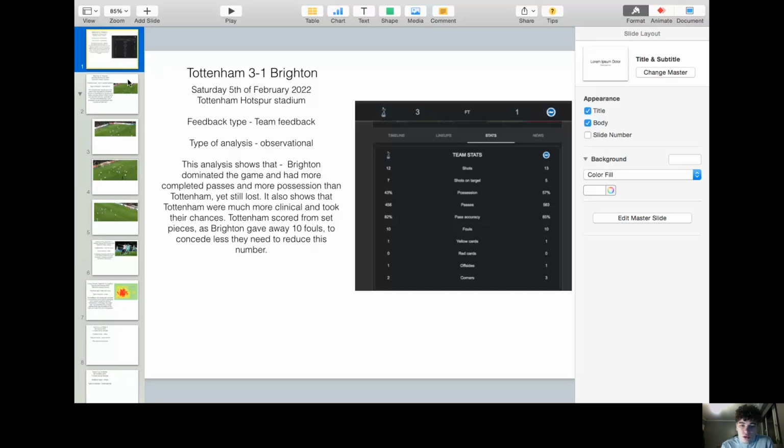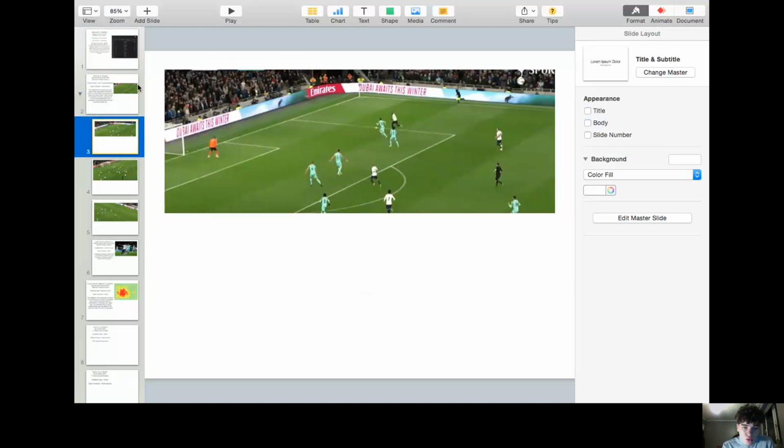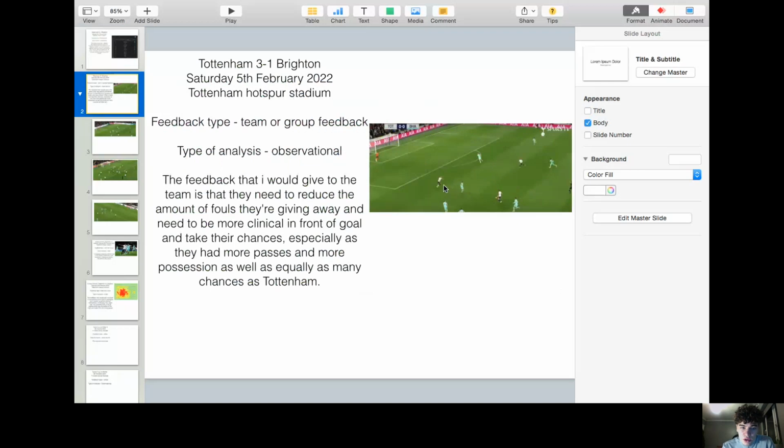So then going on to this, this was the first point in which the play broke down at the back and then Tottenham gathered the ball. But this one defender here, who seemed to be much further back than the rest, kept Harry Kane onside, which led to Lo Celso playing Harry Kane through and then him getting a clear shot on target, which resulted in a goal.